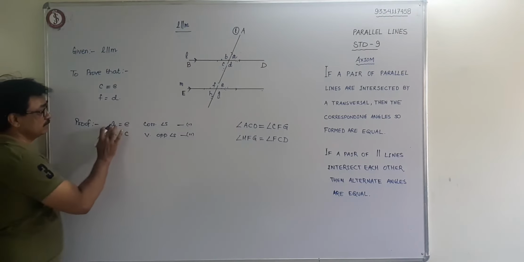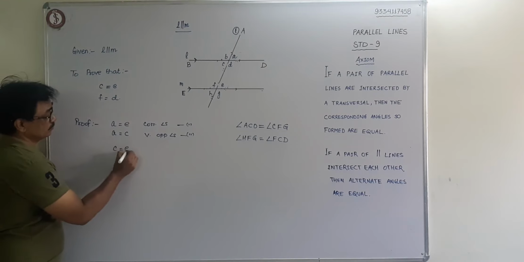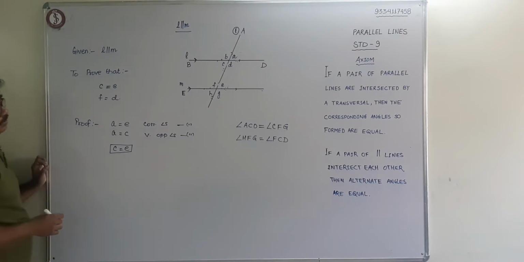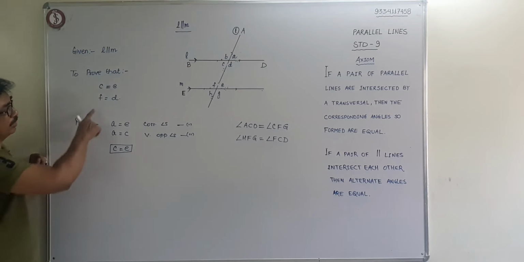That means E is equal to A and C is equal to A. So they are equal to the same thing A. So C is equal to E from equations 1 and 2. So we have proved this. That is also from Euclid's postulate, that axiom, that things which are equal to the same thing are equal to one another.